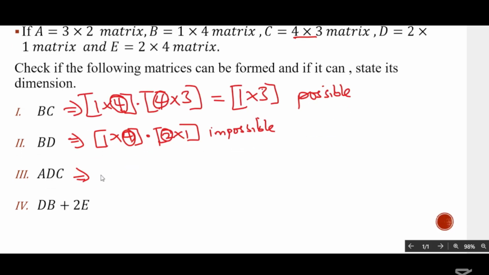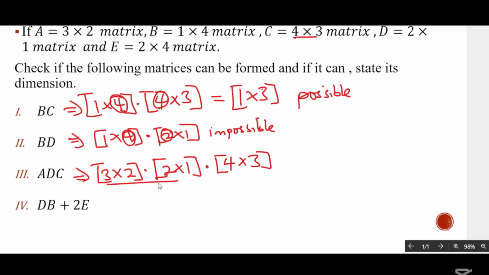So we have A, 3 by 2. Then we have D, which is 2 by 1. Then we have C, which is 4 by 3. Good. So now we can take two at a time. So let's take A and D at a time. So we have here and here to be the same. It means that we are going to have 3 by 1. Great.